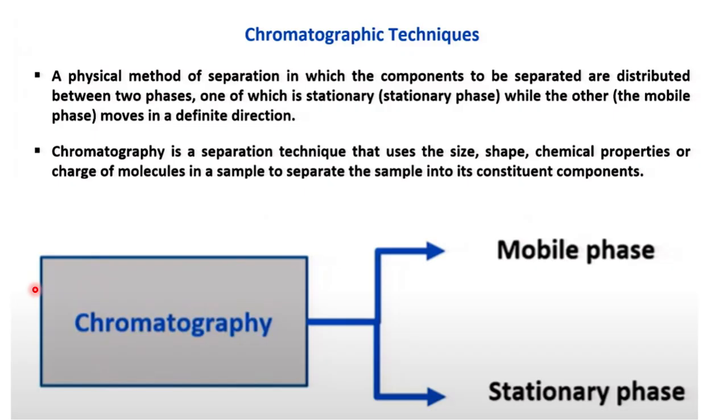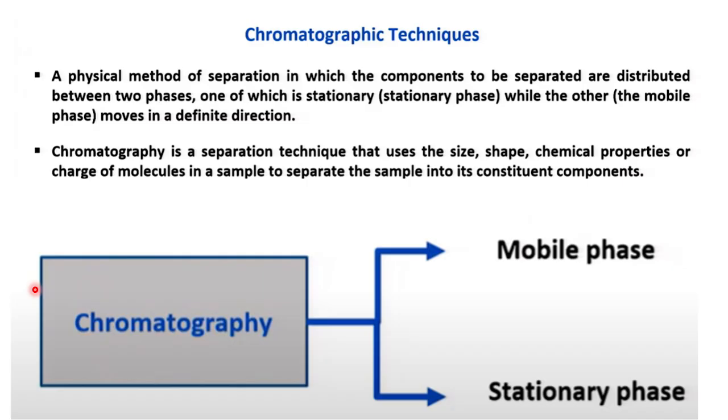Basically, the mobile phase is moving on the stationary phase. And chromatography is a separation technique that uses the size, shape, or chemical properties of molecules in a sample to separate the sample into its constituent components.